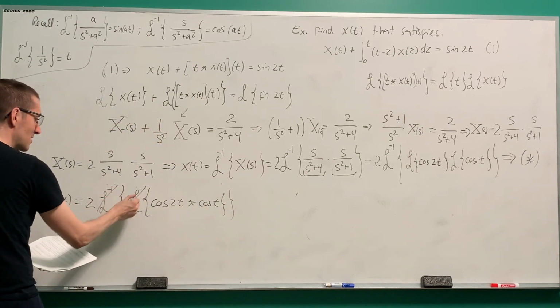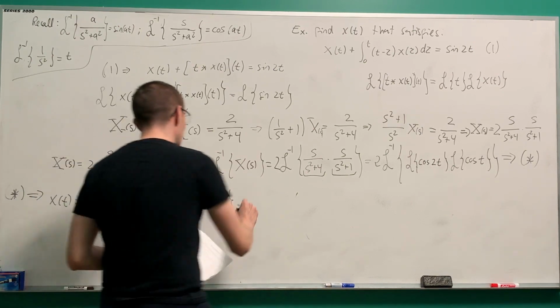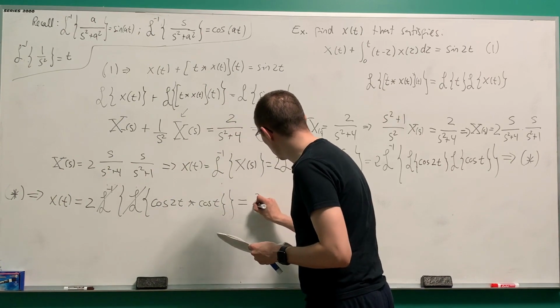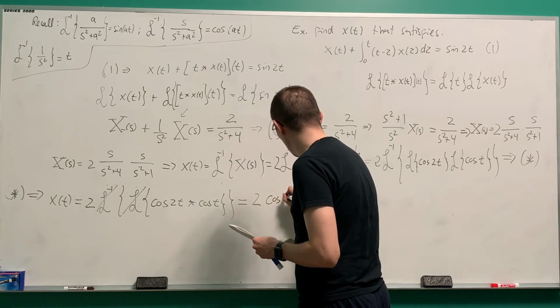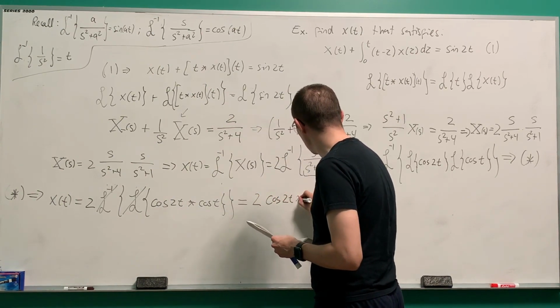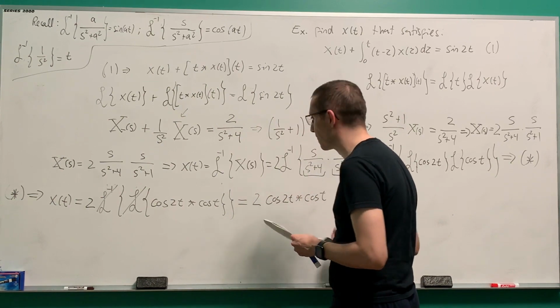The inverse Laplace cancels. All that I'm left with is that x of t is twice the convolution of the cosine of 2t and the cosine of t.